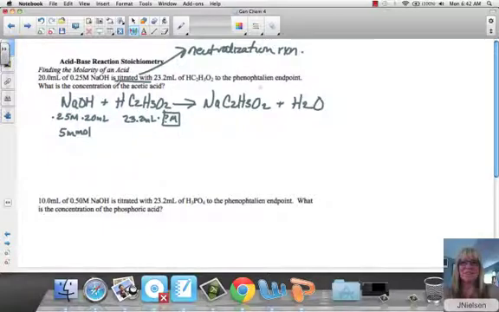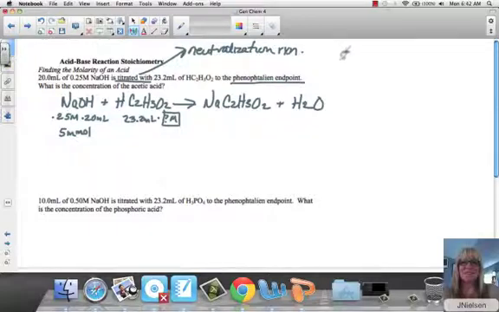Well, if it was titrated to the phenolphthalein endpoint, which is when the indicator turned pink, you know that neutralization took place. So we can use stoichiometry. Since we have a monoprotic base, a monohydroxy base, and a monoprotic acid, we know that they're combining at 1-to-1.